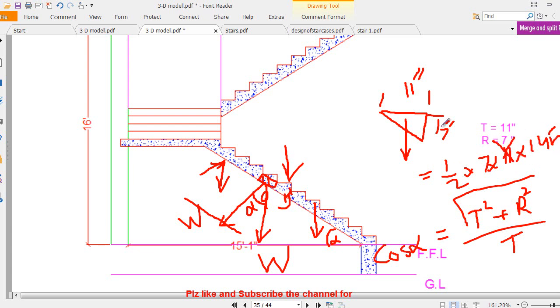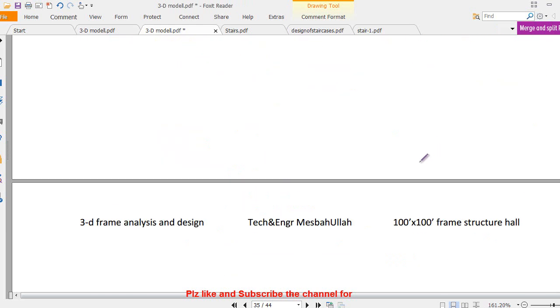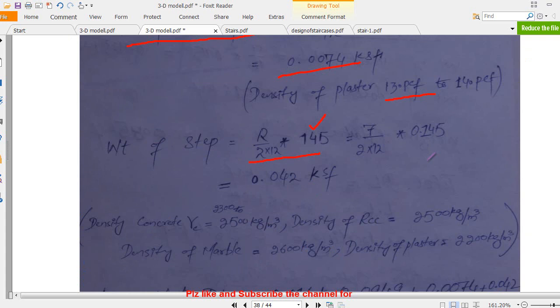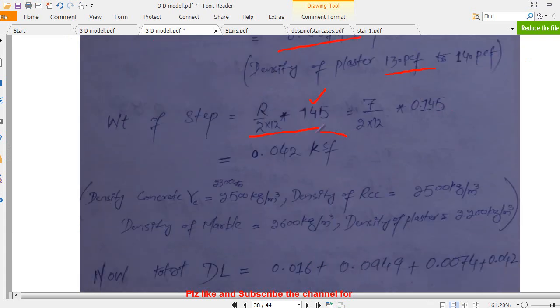But ignore this 11, because we are only calculating per square foot. We do not consider this 11; we consider basically 1 foot length. So that's why I skip 11 inch. This is important, because we are doing the calculation per square foot.